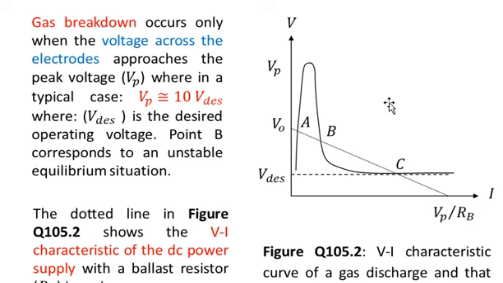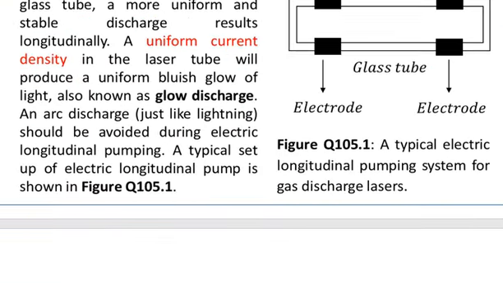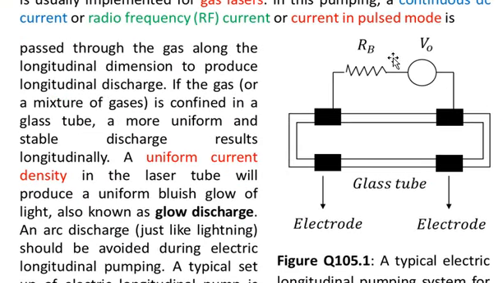So when you lower the value of RB, what will happen? The current starts flowing through the bias resistance, so some of the voltage from the DC supply will be dropped across the RB resistance.